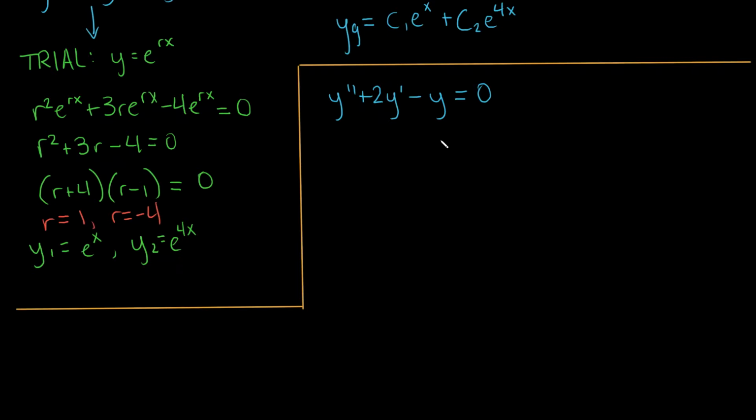If we had this differential equation, using our characteristic equation as r squared plus 2r minus 1 equals 0, we get that r is equal to, and we factor it out, so I guess we'll do the factoring down here.